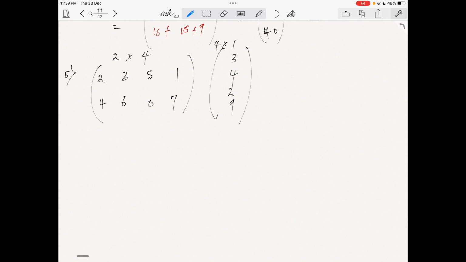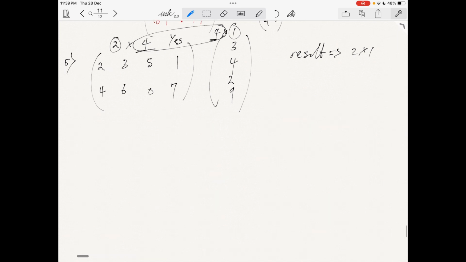The number of columns here is the same as the number of rows, so yes, the matrix multiplication is possible, and our result will be a 2 by 1 matrix. Now we can see how a complex matrix can be reduced into the smallest bits.